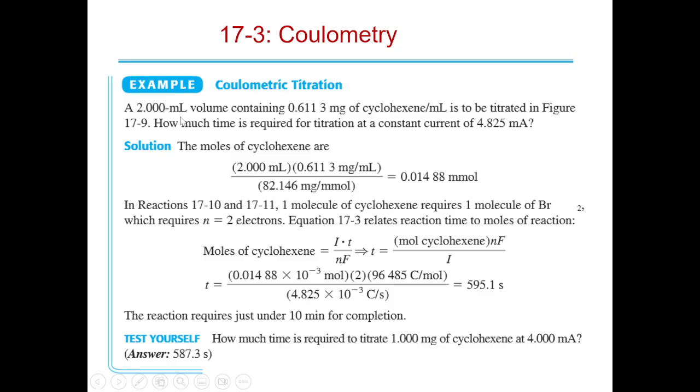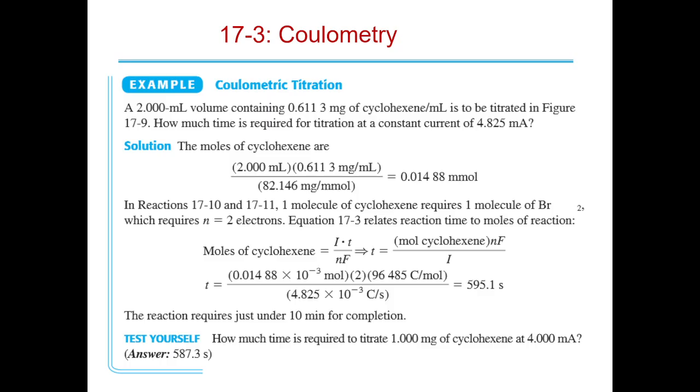So we have 2 milliliters, and this right here is a concentration, isn't it? So weight versus molarity. And so we multiply those together, canceling the milliliters. The next thing we have to do is figure out how many millimoles there would be for cyclohexene in that many milligrams, right?